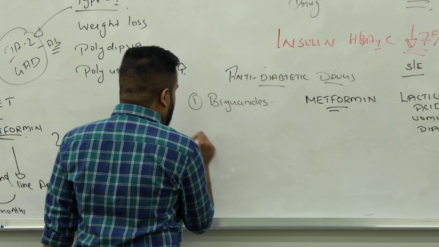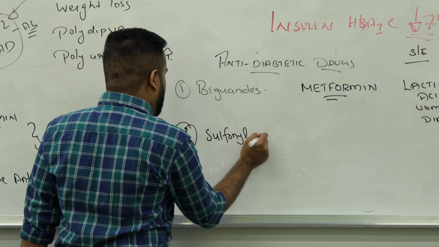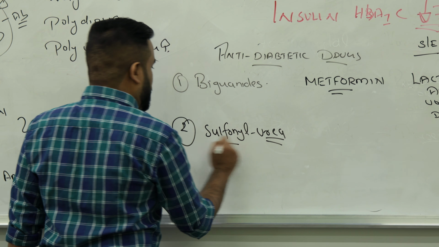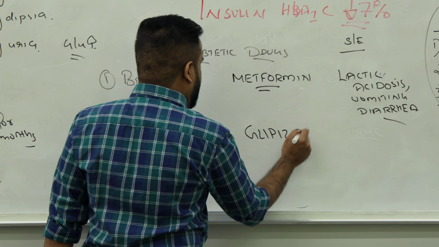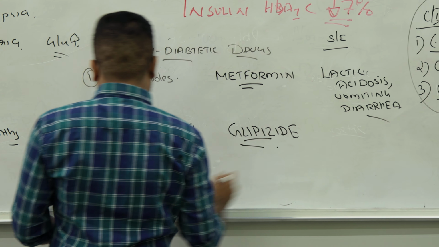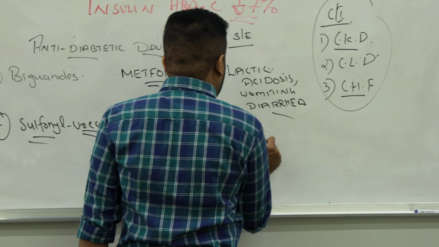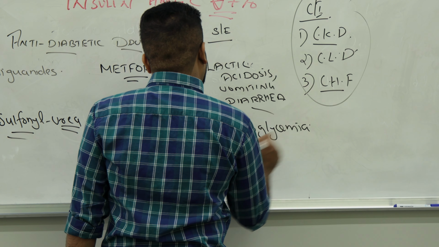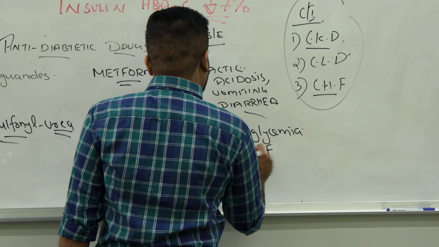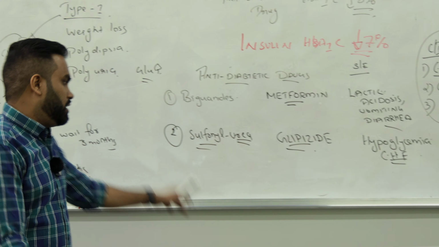Second group, you might have heard about sulfonylureas. The drug is called glipizide. The problem with this drug is they will cause hypoglycemia, and they can cause congestive heart failure too. So they can cause sudden hypoglycemia, right?